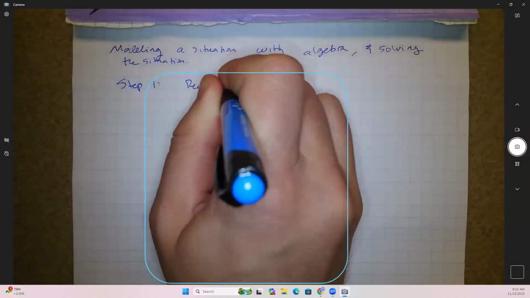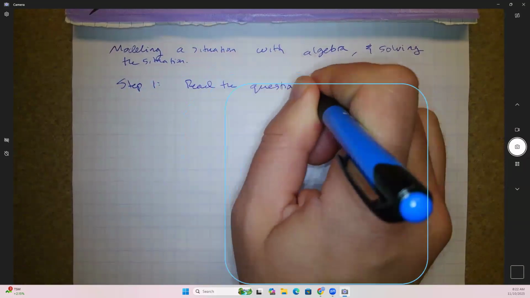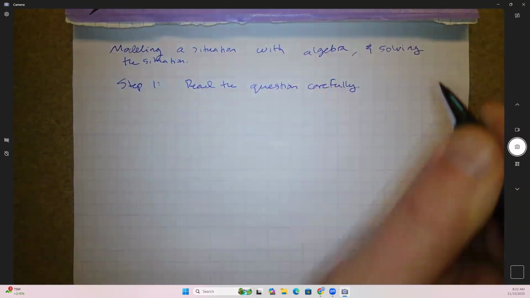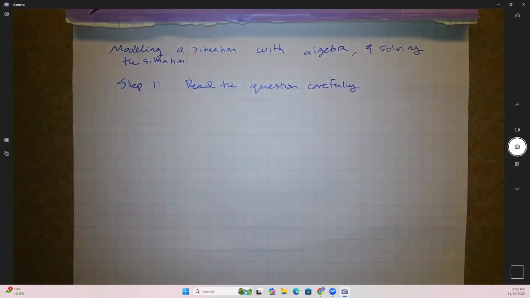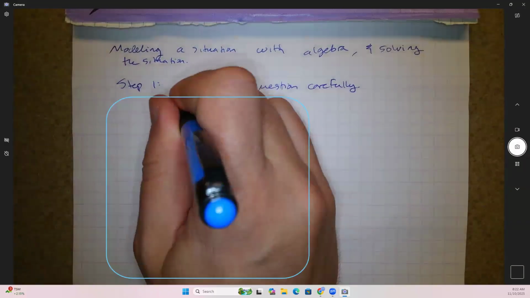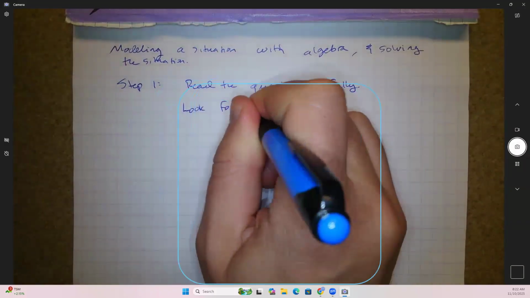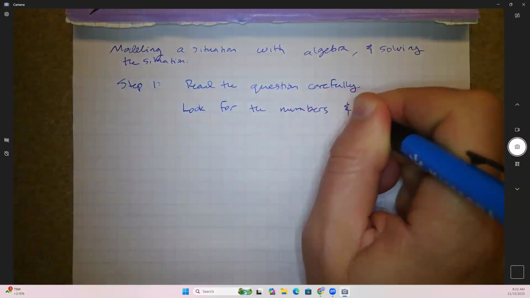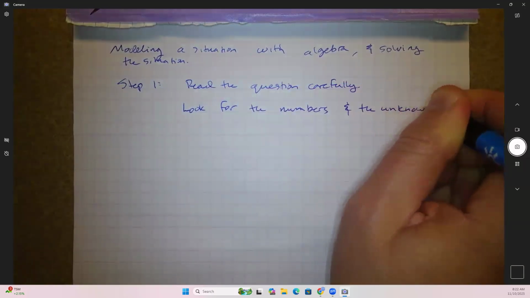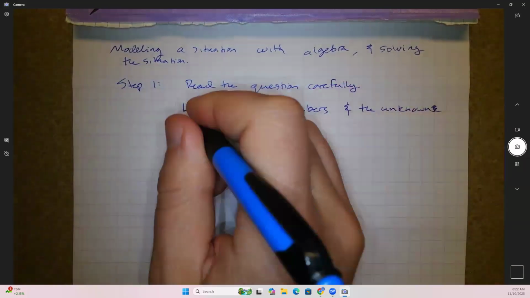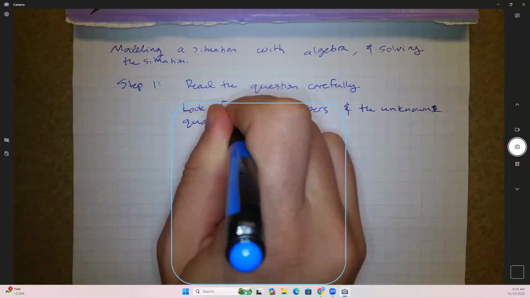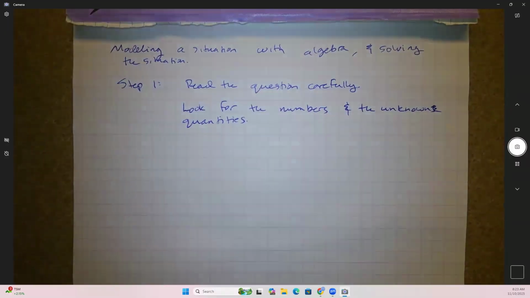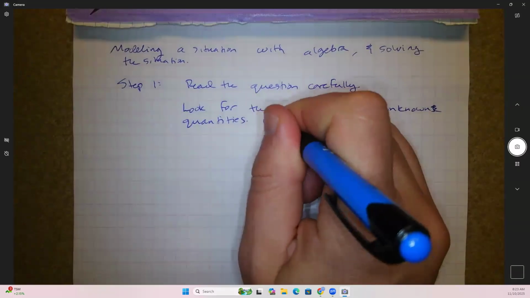So step one, read the question carefully. Read it twice if you need to. And in particular, look for the numbers and the unknown quantities. The ones that actually matter.